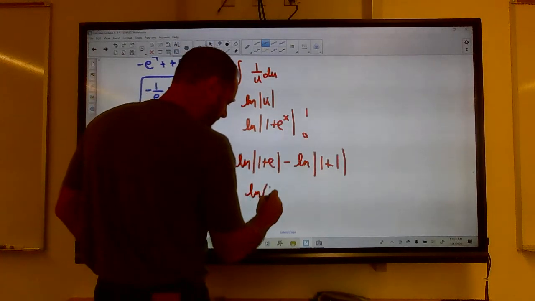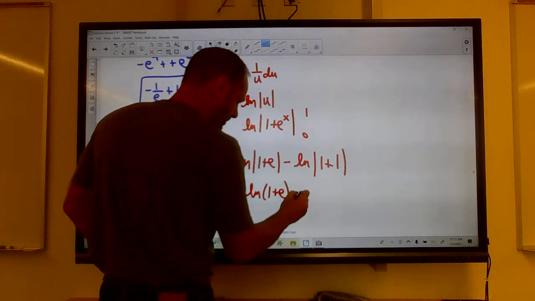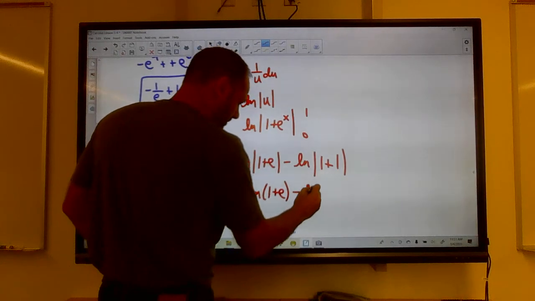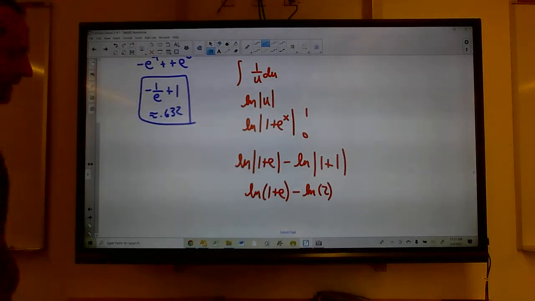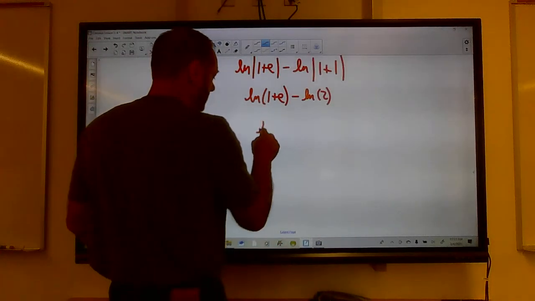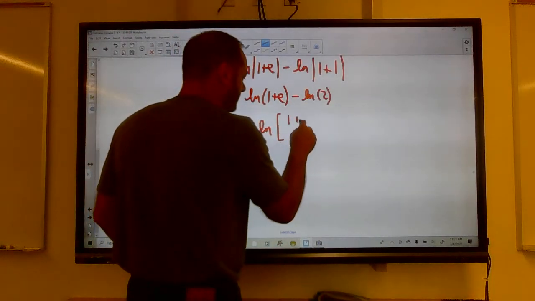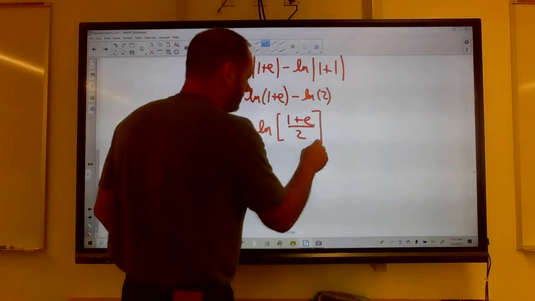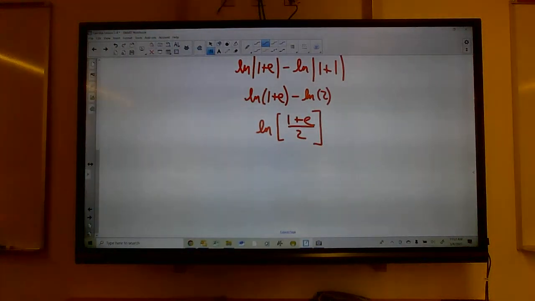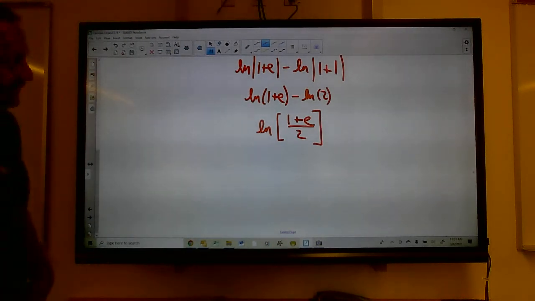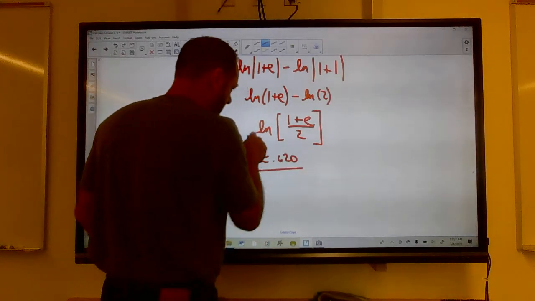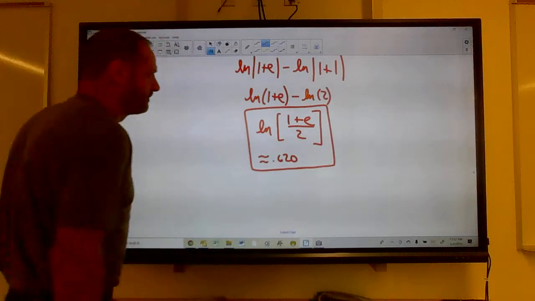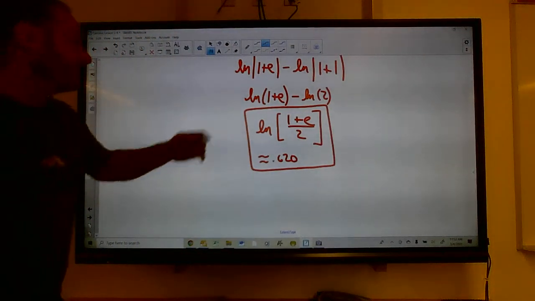We don't need the absolute values. And I suppose you could write this as the natural log of 1 plus e over 2, like that, which comes out to be about 0.620. You can even leave it like this if you wanted to.